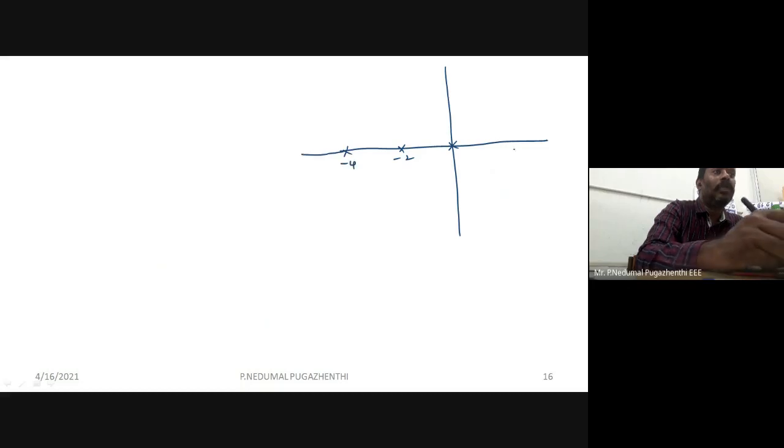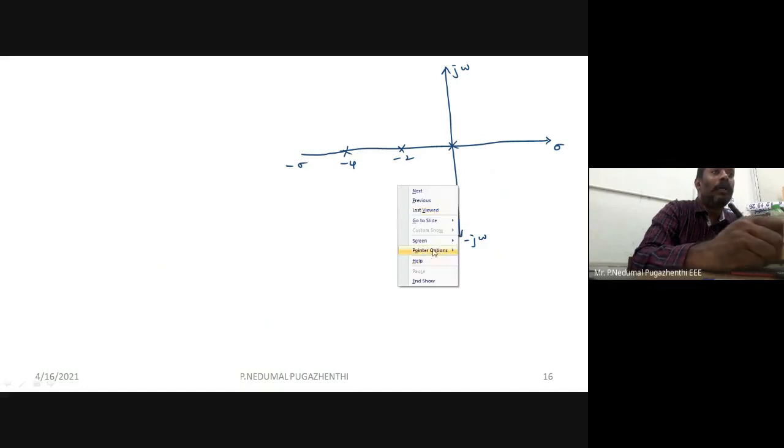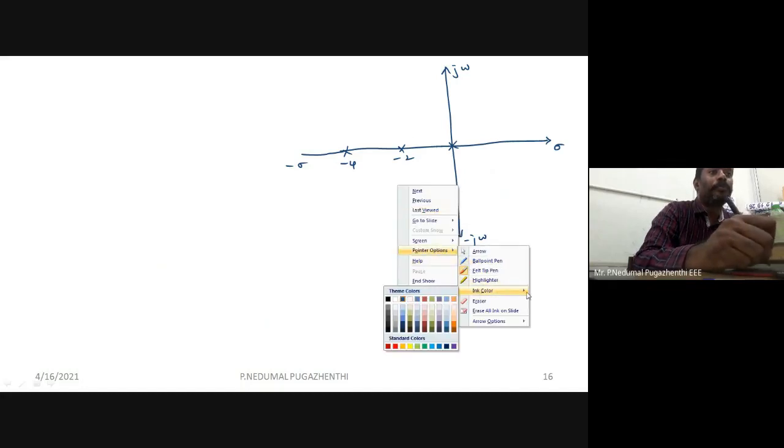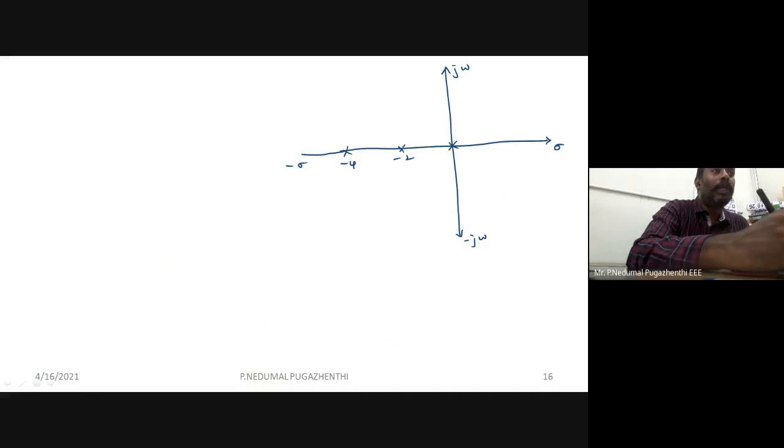Let us extend that with sigma, minus sigma, j omega, minus j omega. I have already taken the angles also. Asymptotes are there. This is sigma a, and this is 60 degrees, and this is minus 60 degrees.